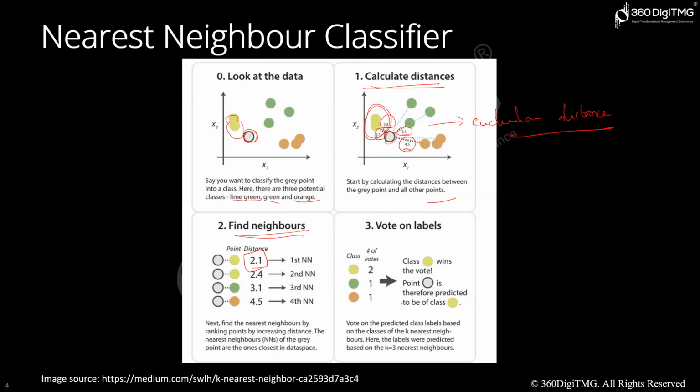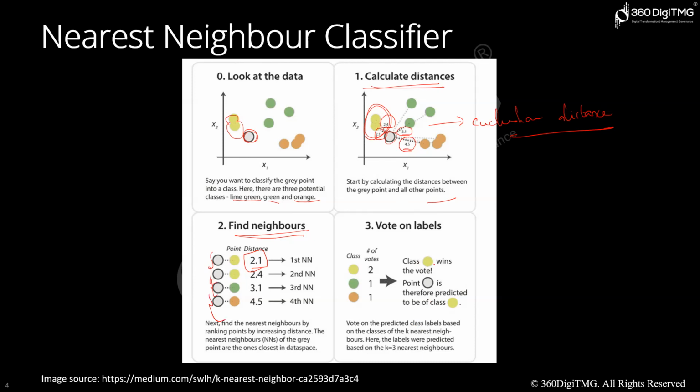The algorithm predicts a class label based on the classes of the nearest neighbors. Here the label was predicted based on the k equal to 3 nearest neighbors. They have done a voting mechanism where two are lime green, one is green and one is orange.